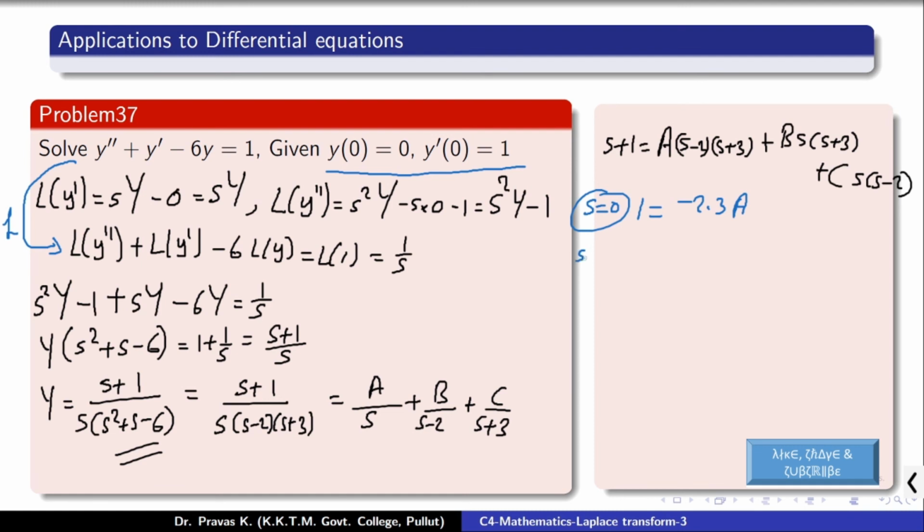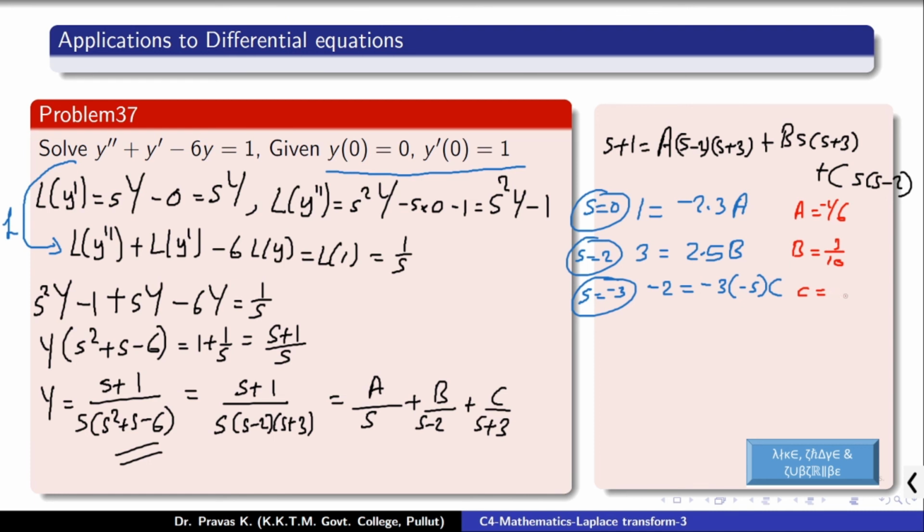So you get 1 is equal to minus 6 times A, and when s is equal to 2, you will get 3 on the LHS, and on the right hand side only one non-zero term, that is 10 times B, and when s is equal to minus 3, you will get minus 2 on the left hand side, and for the right hand side it is just minus 3 into minus 5 into capital C. So once we get this, we can directly find out capital A is equal to minus 1 by 6, capital B is equal to 3 by 10, and capital C is equal to minus 2 by 15.